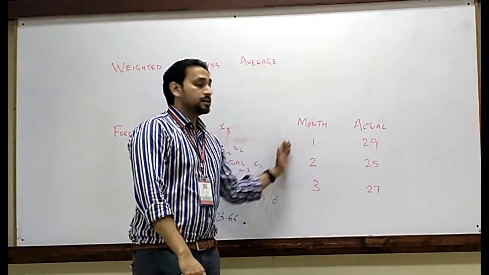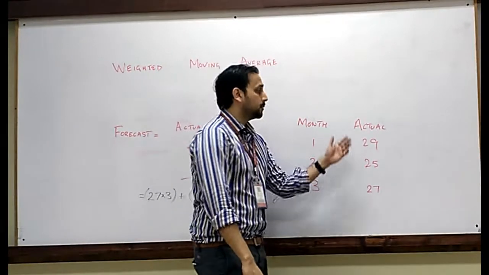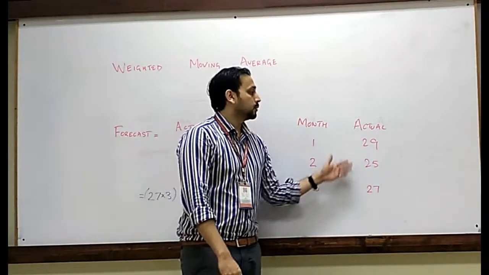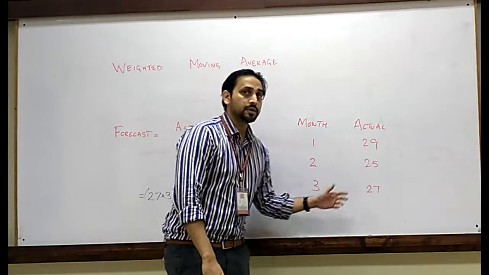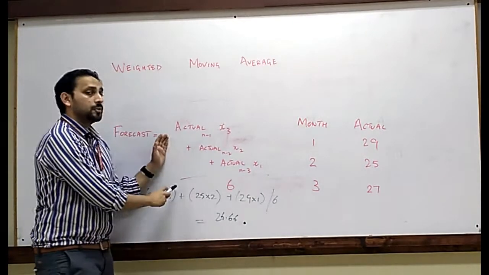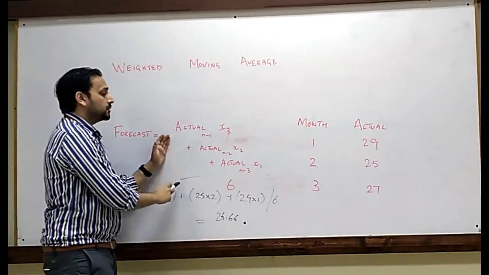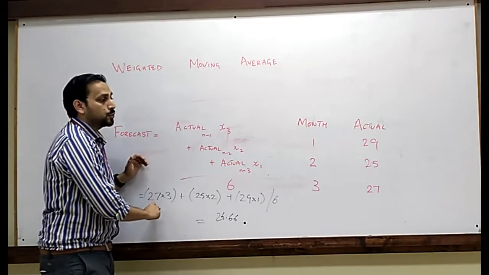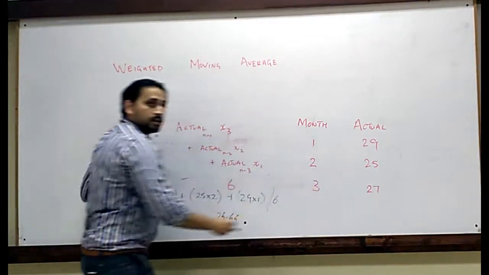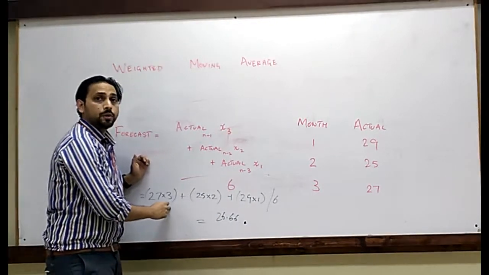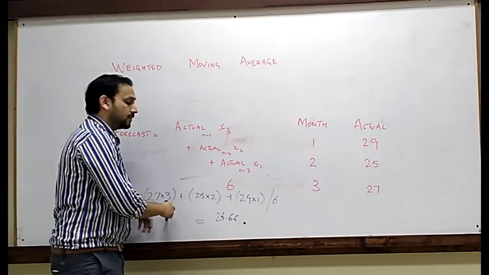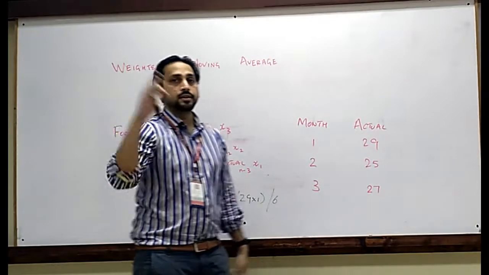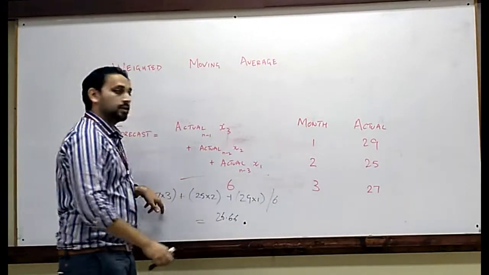So the same patterns, month 1, month 2, month 3, with the same actuals, 29 units, 25 units, 27 units, but here the formula is slightly different. Here first we are going to take month 3, which was 27, and it will be given a weightage of 3. For example, if it was month 4, then it would have been multiplied with 4.